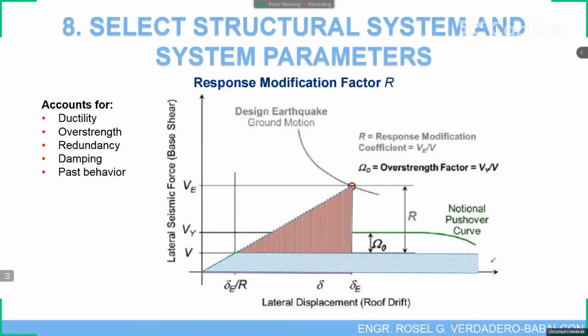So that is the performance of our structure because of using the response modification factor. The shear of our structure is reduced, but the lateral displacement is increased. So the lateral displacement allowed for our structure is greater, okay, because of the ductility. Take note that the response modification factor accounts for the ductility of our structure. So the greater the R value, the more ductile our system.